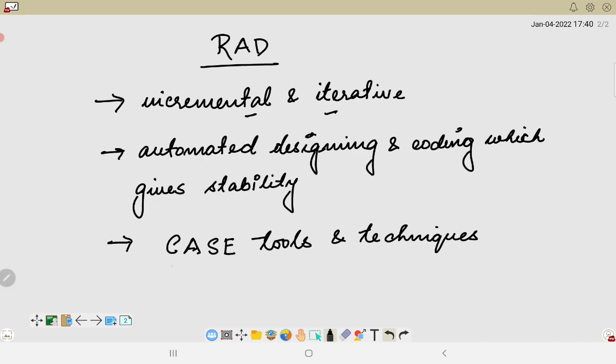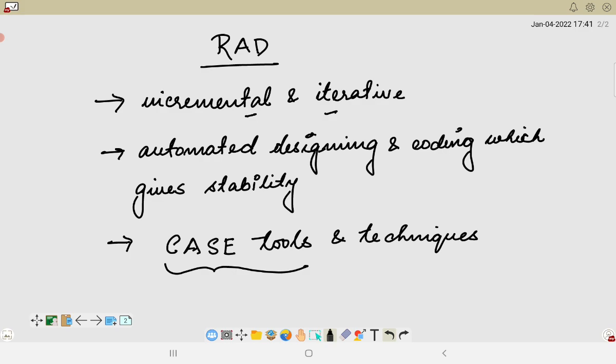CASE tools is an entirely different topic, and we will not go deep into it for now. In order to understand what these tools do, basically they have certain code generators and some design generators, which help us to automatically generate the design as well as code and generate a certain prototype of the project.